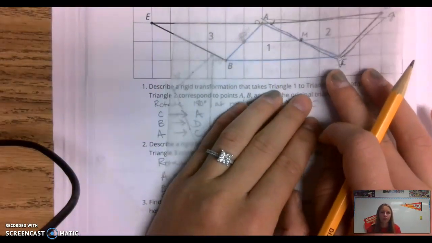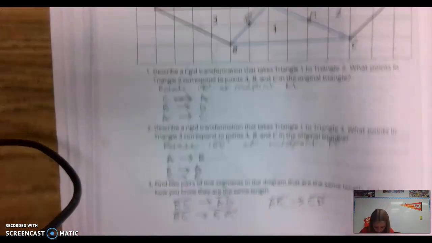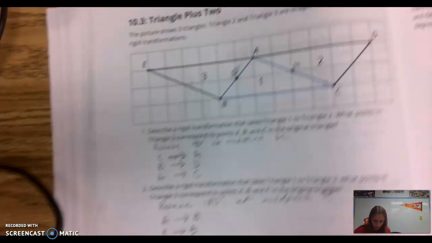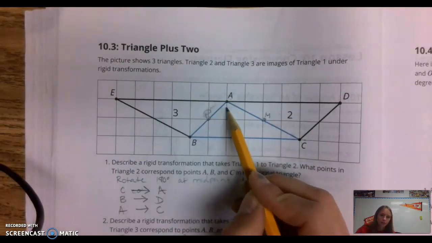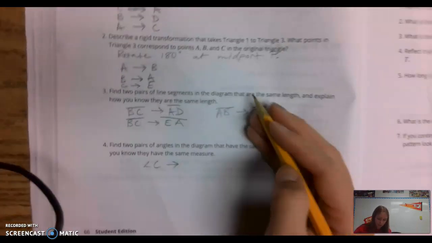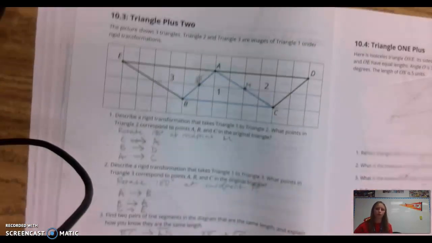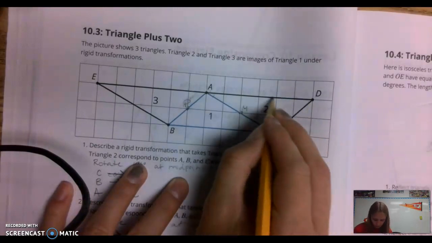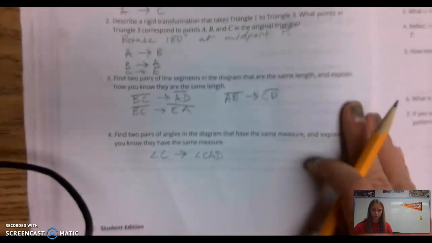Matches up there, so we could call it angle C matches up with, so we can't say angle A because we wouldn't really know which one we're talking about. So let's say CAD. Okay, so then we know it's talking about angle CAD. So this angle here. Alright, so that's a good one.